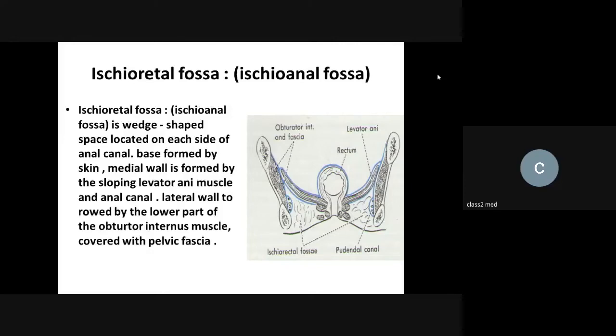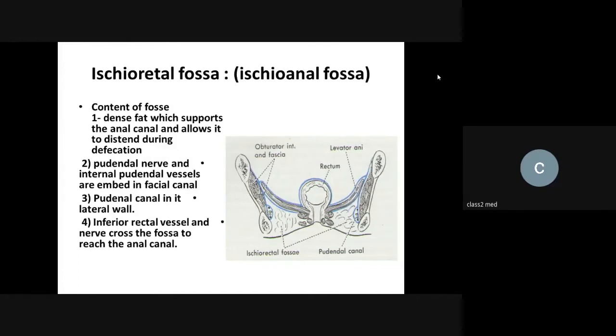The medial wall is formed by the sloping levator ani muscle and the anal canal. The lateral wall is formed by the lower part of the obturator internus muscle covered with pelvic fascia, as you can see in this picture.